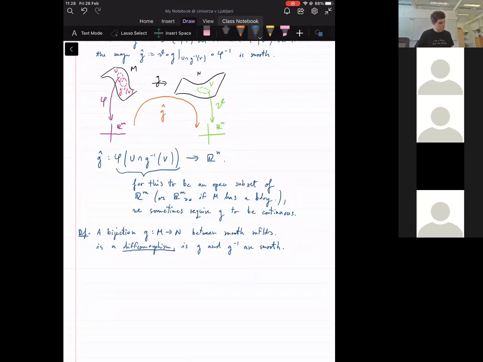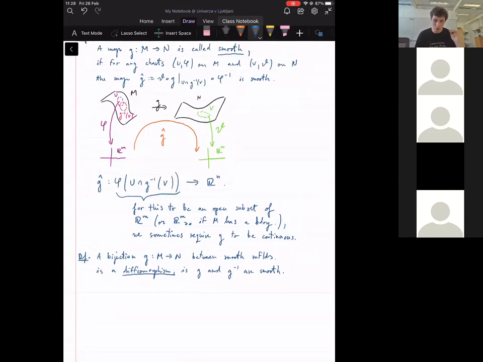Okay, so now let's maybe connect these concepts that we've just seen. So the concept of a smooth map and the concept of a product of two manifolds. Okay.